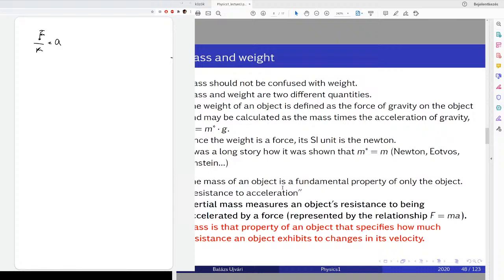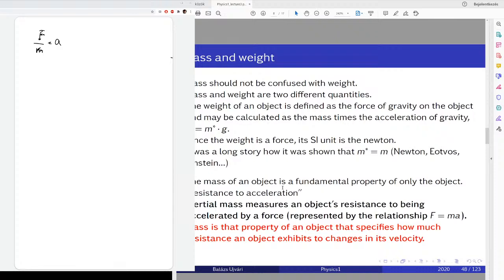Well, what is this m? There are two words for this m. One is mass and the other is weight. These are technically two different quantities, but since Einstein's general relativity, it can be proven that these are technically the same thing. So, what is the weight?